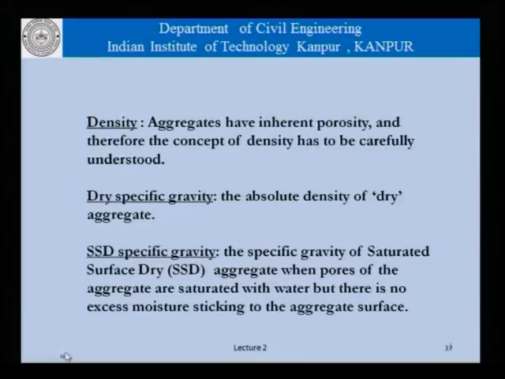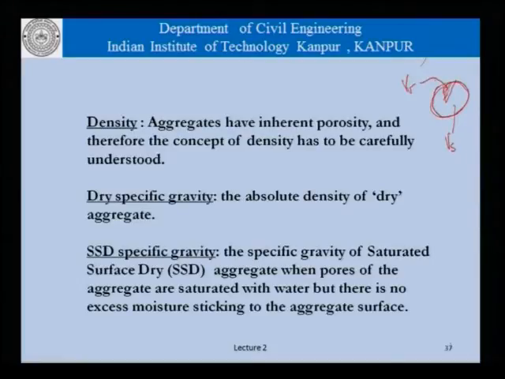So, what we are looking at really is an aggregate particle which may have an inherent volume of pores like shown here. This is the volume of solids in the aggregate particle, this is the volume of voids in the aggregate particle, and this is the total volume.